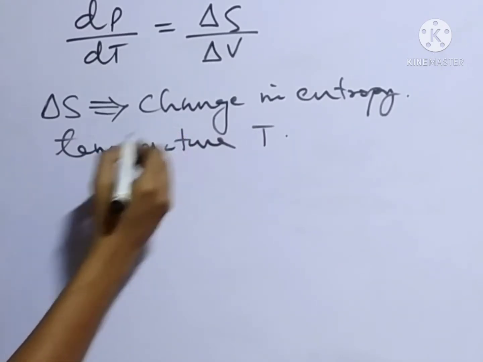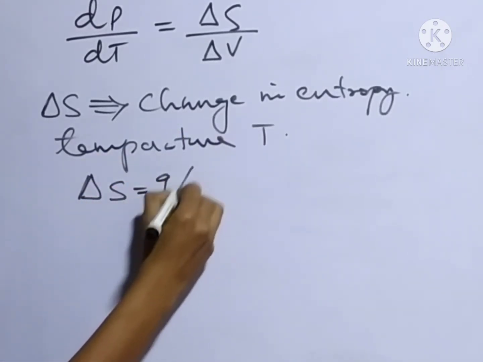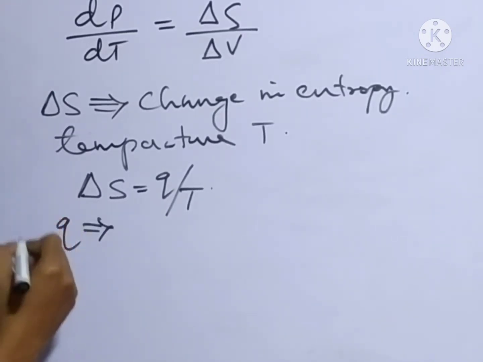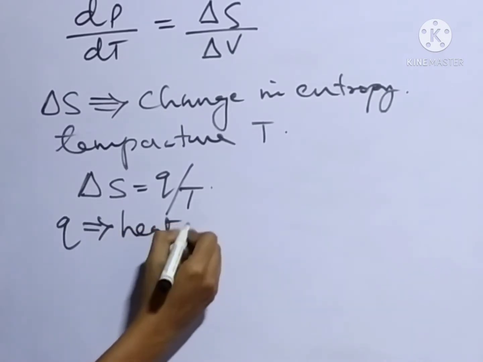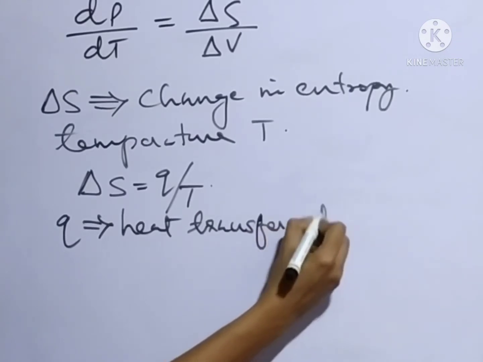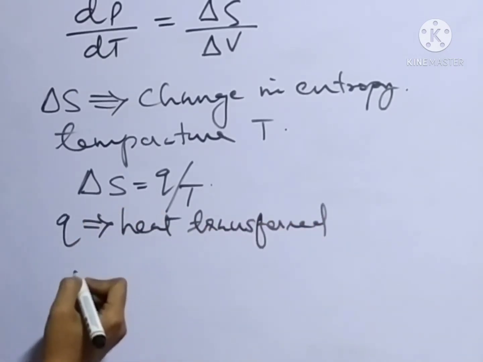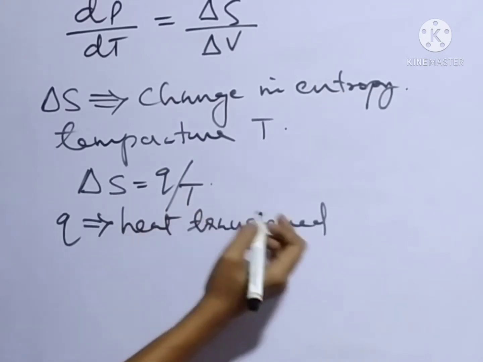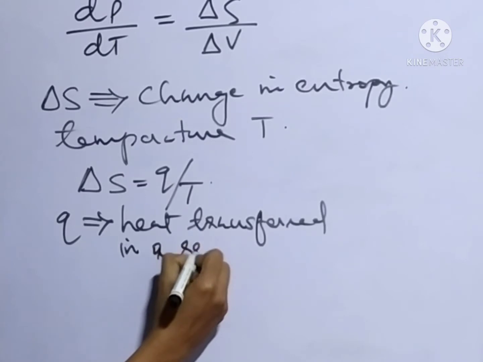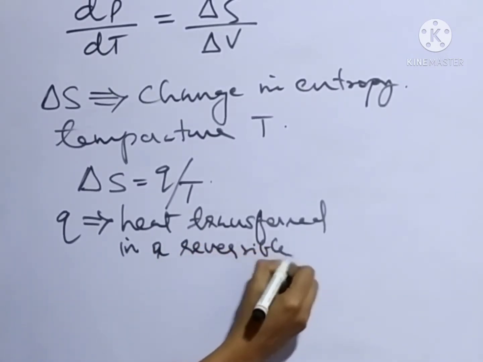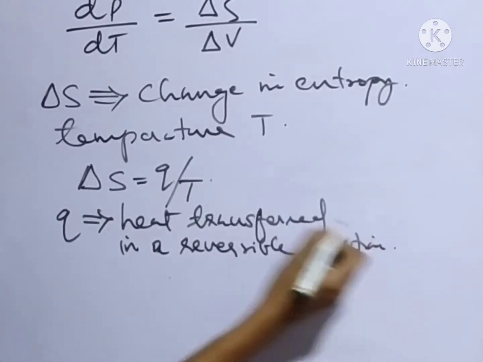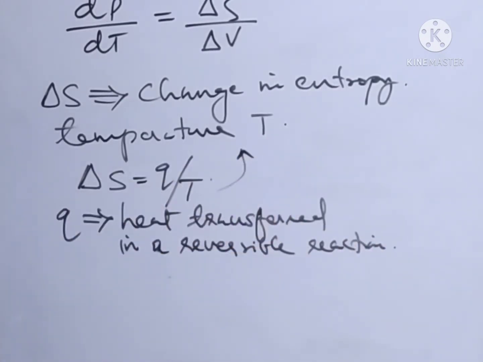So we can write delta S equals Q divided by T. Here Q is the heat transferred during the equilibrium reaction, that is, the heat transferred in a reversible reaction, and T is the temperature.